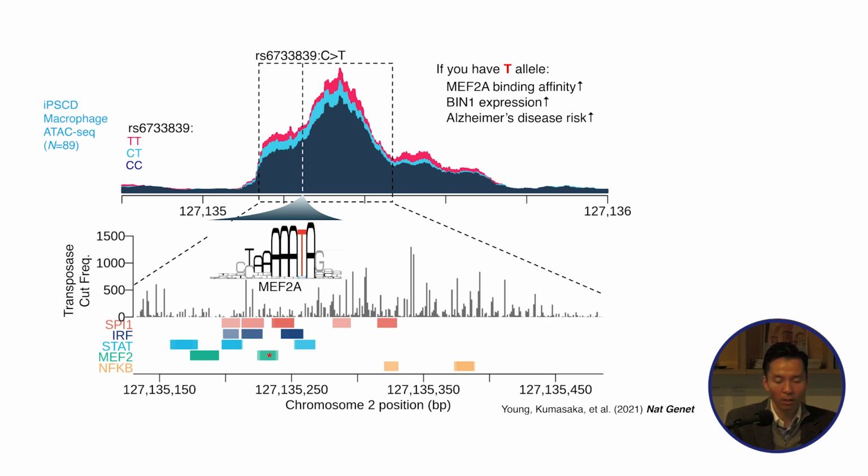So what we learned from the data set is if you have T allele, MEF2A binding affinity is going up, and possibly SPI1 as well. And then BIN1 expression is increased. And finally, Alzheimer's disease risk is going up.